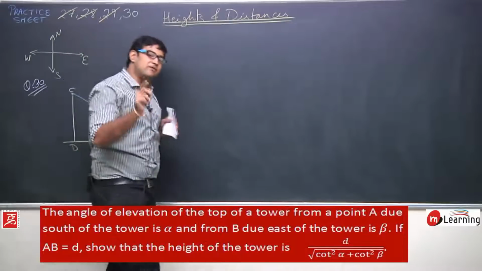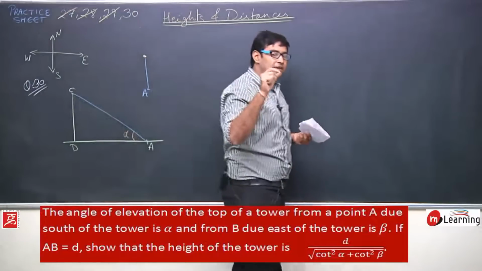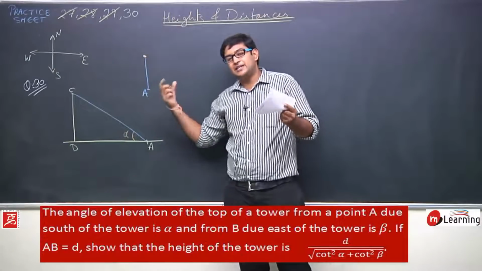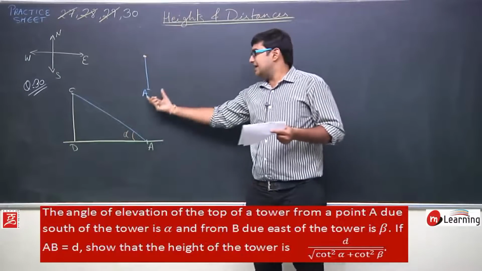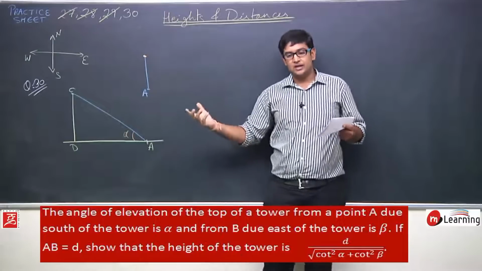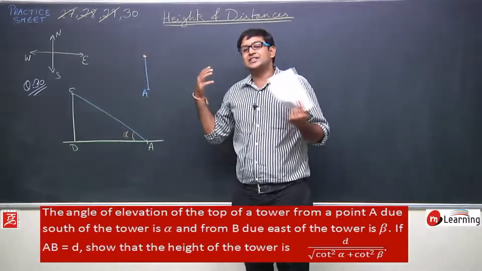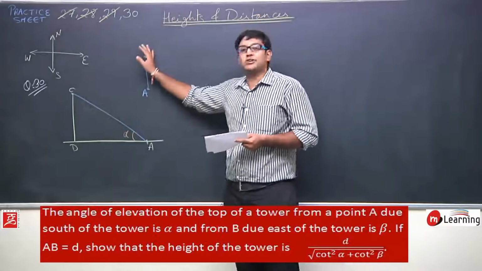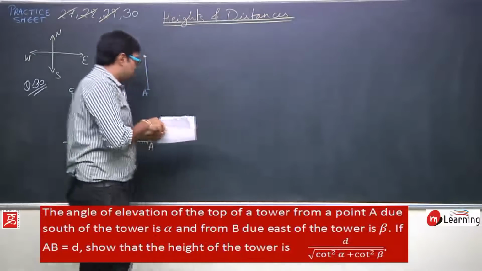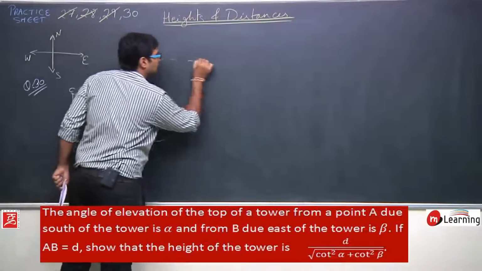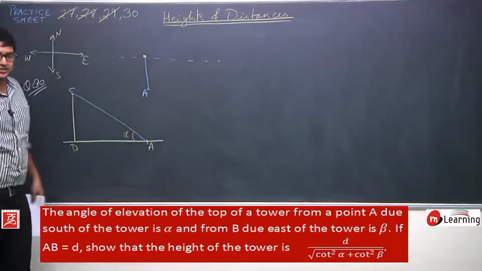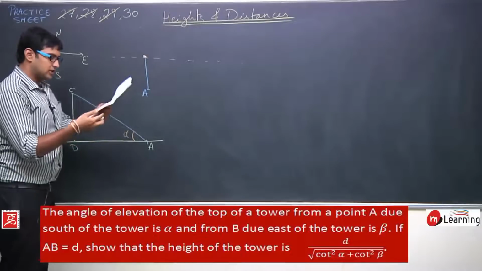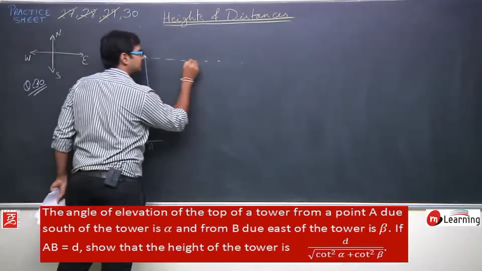Try to remember, in the previous question we had the location of point B with respect to point A. It means I was observing point B by standing at station A, and then I got that B lies in the east direction. But this time we have the location of point B with respect to the tower. That's why I will draw a horizontal line like this, and the station B lies in the east of the tower. So definitely I can mark station B somewhere here.